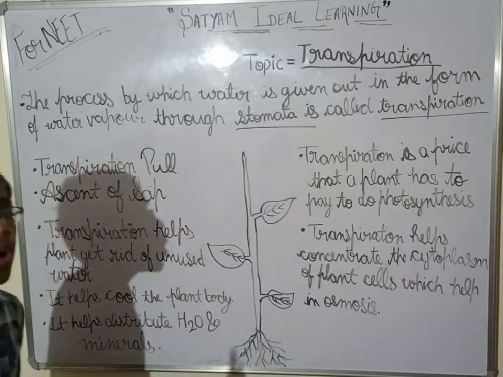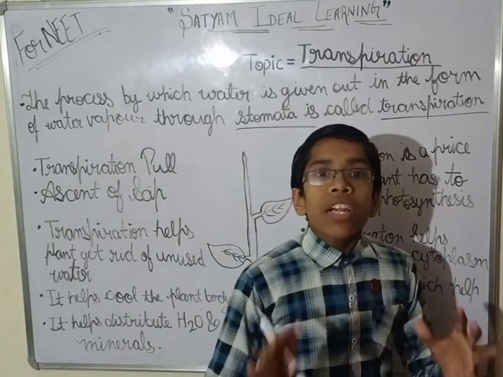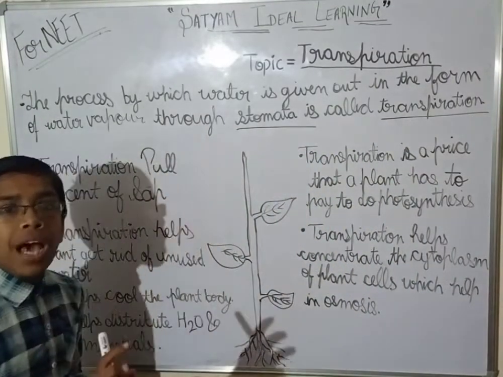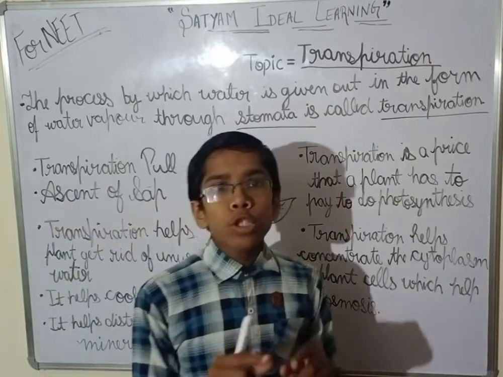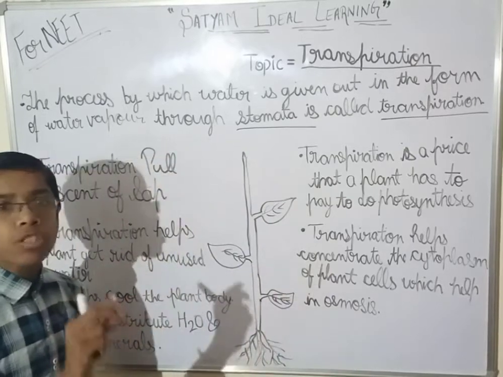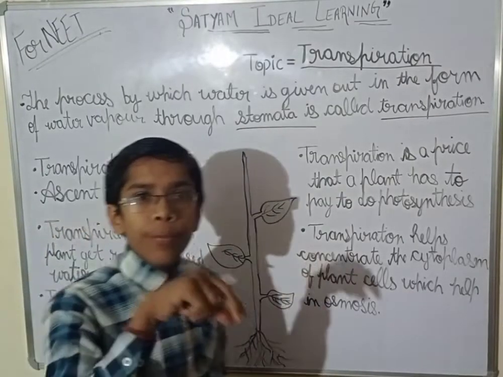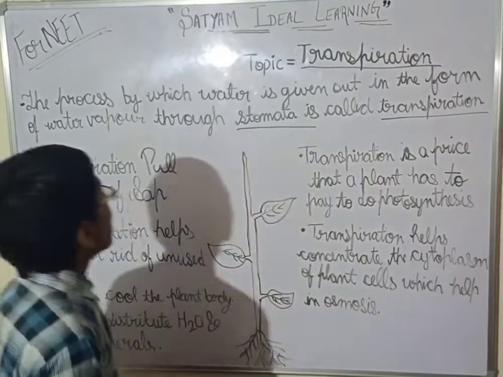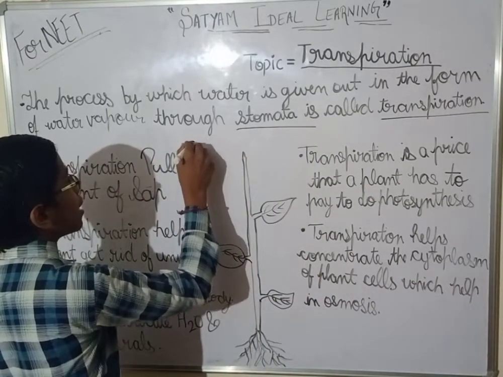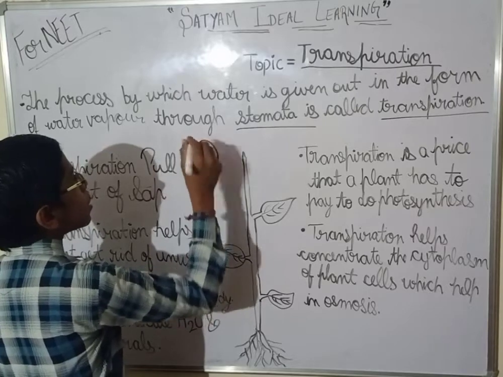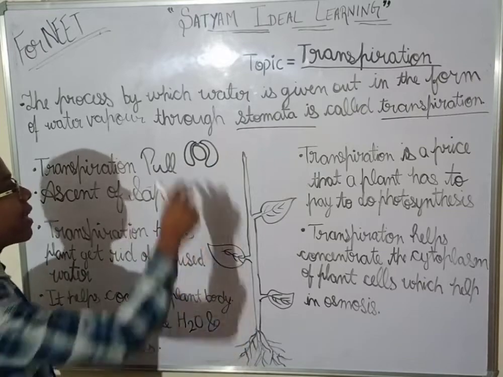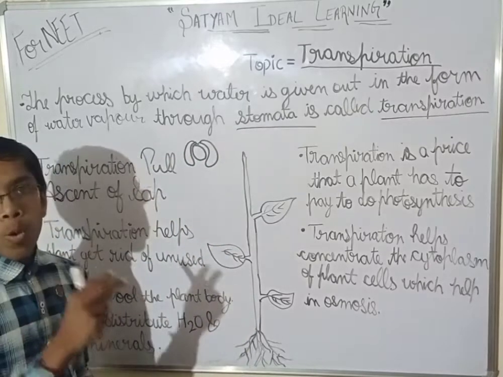Now, what is the mechanism of transpiration? As we already know, the stomata has two bean-shaped guard cells, and the part between them is known as the stomatal pore. Like this, it is the stomata and two guard cells are there, and in between there is the stomatal pore.